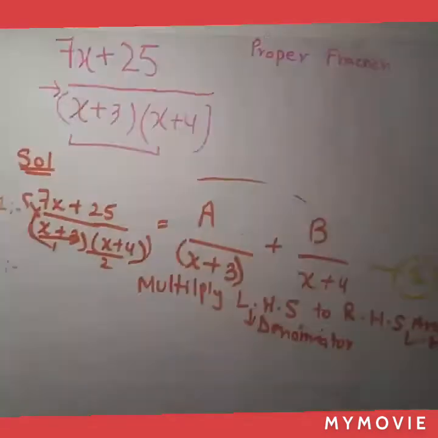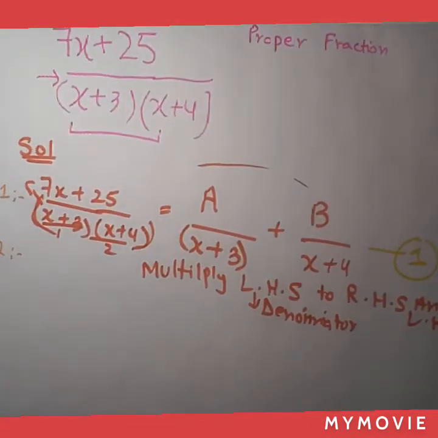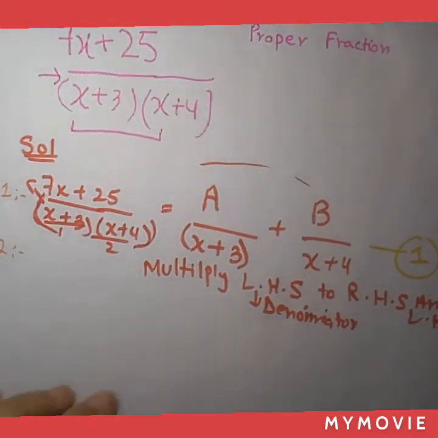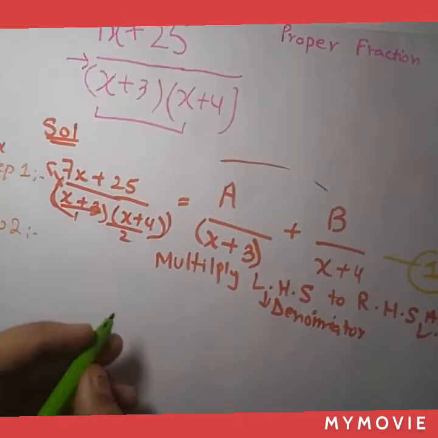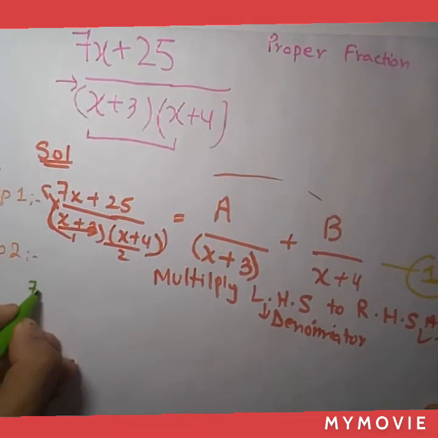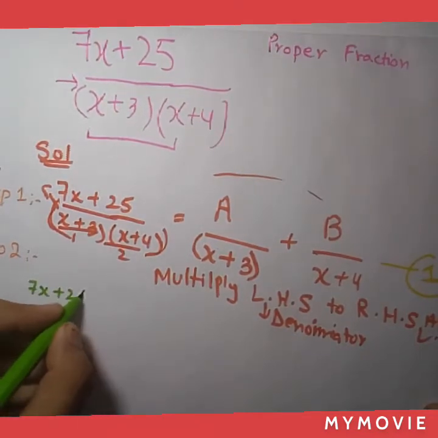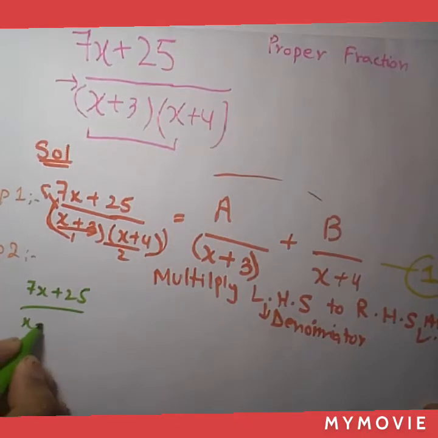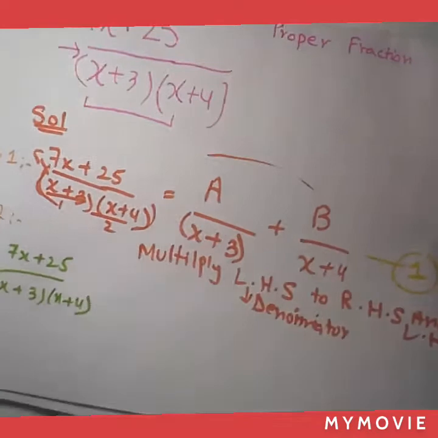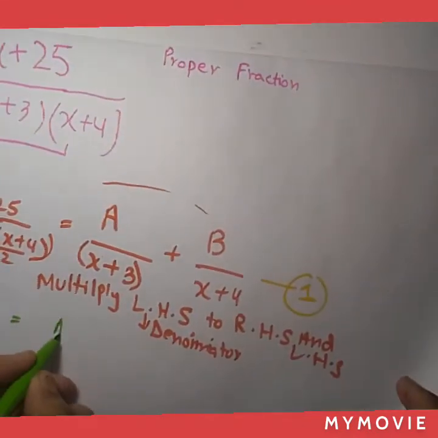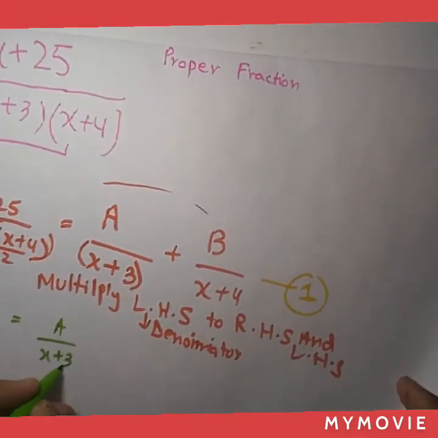Okay, this is step 2. You can solve this step in front of your paper or in rough work, or I'm used to solving it in front of the examiner on the paper. That is (7x + 25) into (x + 3)(x + 4) into A over (x + 3).